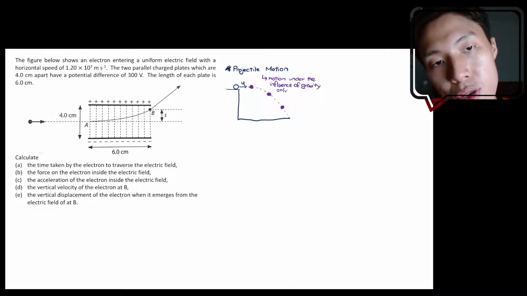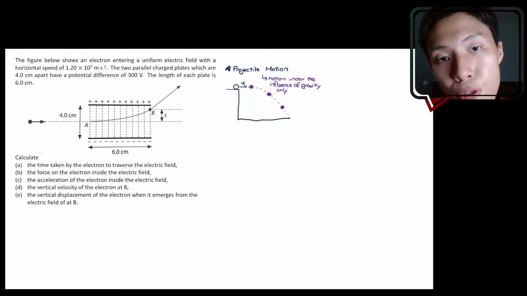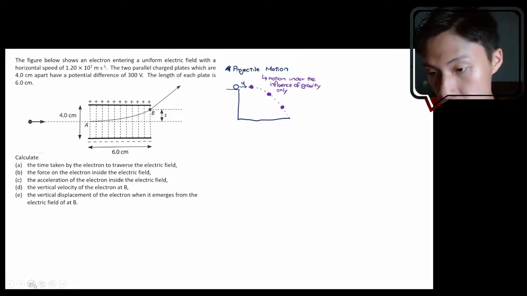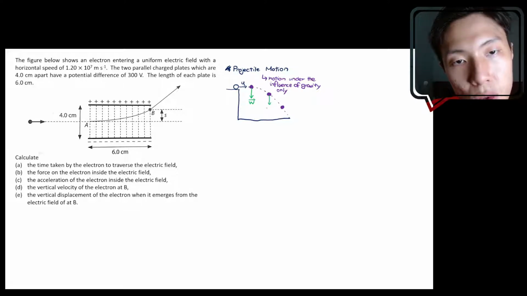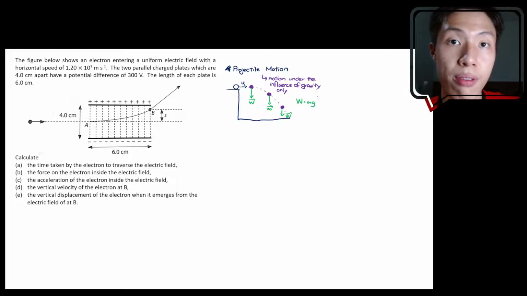It means that throughout the whole motion, if you draw a free body diagram, so let me use green color to represent a free body diagram, you see that at different points along the path, the only force acting on the ball will be the weight, which has a magnitude of mg, a constant magnitude of force.